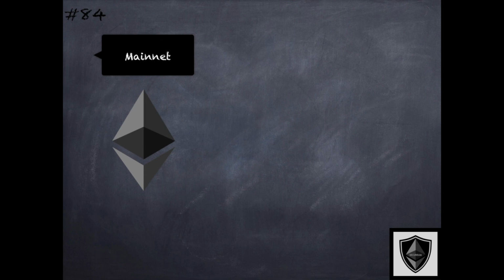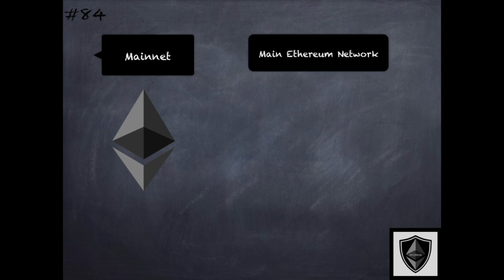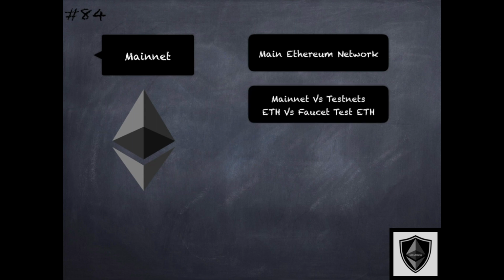Let's talk about Mainnet now. This is a term that you will come across when you read articles about Ethereum, and this really refers to the main Ethereum network. And there is a distinction because we have the mainnet, but we also have several testnets. These testnets are test Ethereum networks where protocol developers or smart contract developers can test their smart contracts, test their protocol upgrades, and so on.